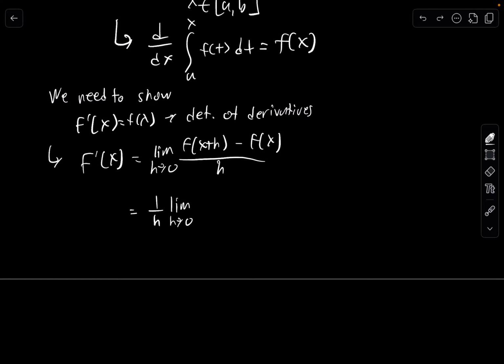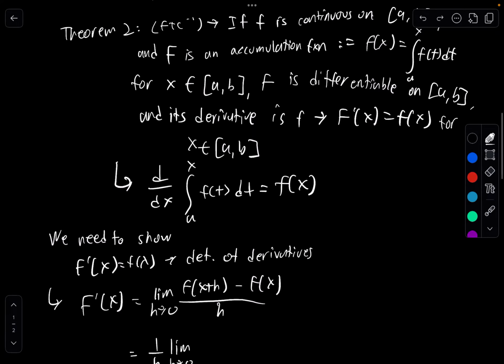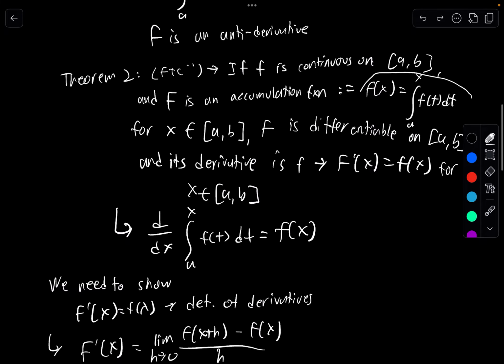What we do now is plug in the accumulation function, because remember, we set up here that this is this. So we need to bring that down there. So let's keep going.